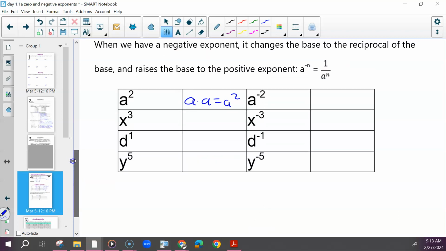So then if I were to take this rule and apply it to this, what would that become? What do you think? What were you saying? So take the base and flip it, make the exponent positive.